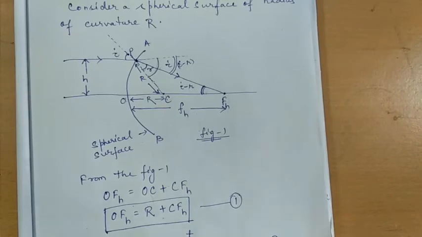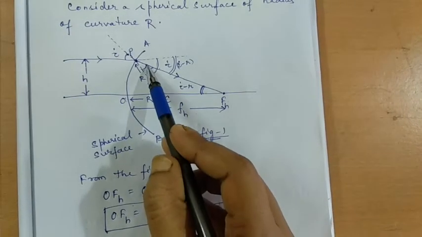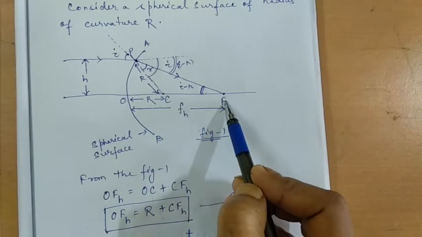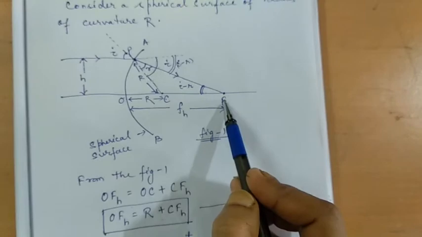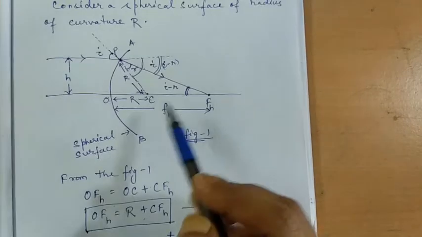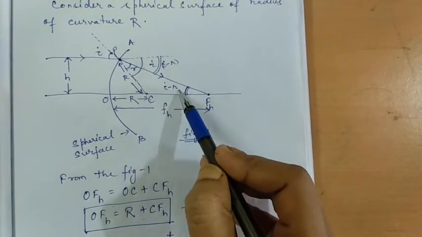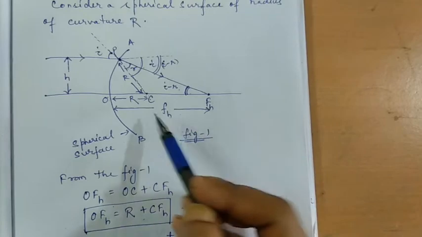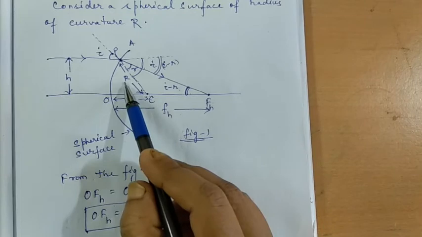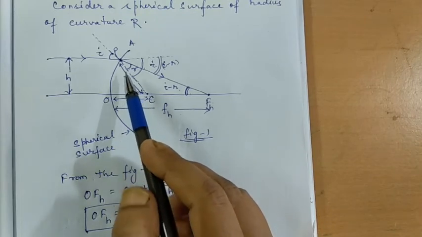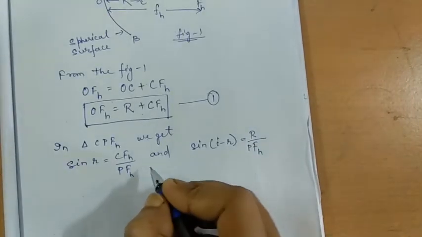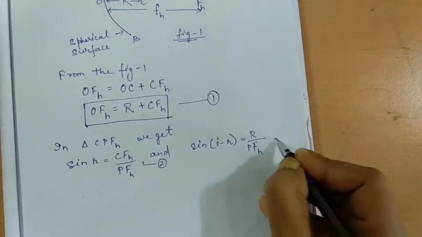As you can see in this triangle, sin R is equal to CFH by PFH. Both values you don't know, so it is as it is. And again sin(I minus R) is equal to PC, which is nothing but R, so R divided by PFH. Give this as equation 2, and this is equation 3.